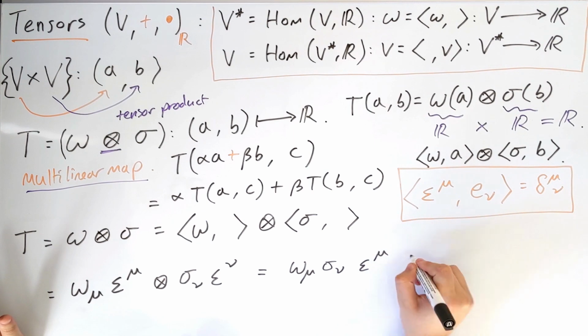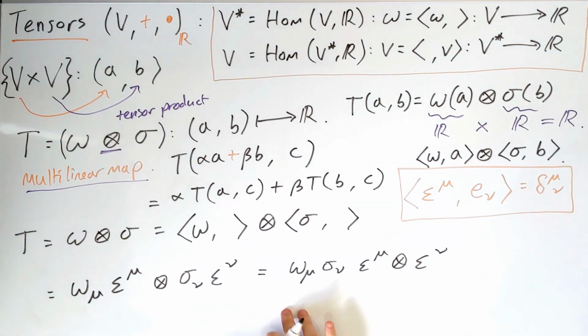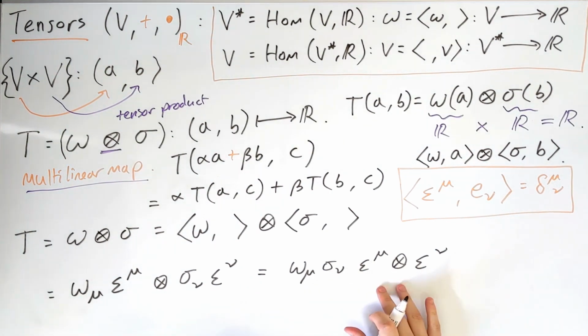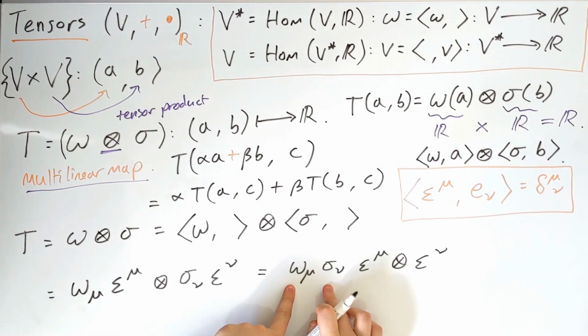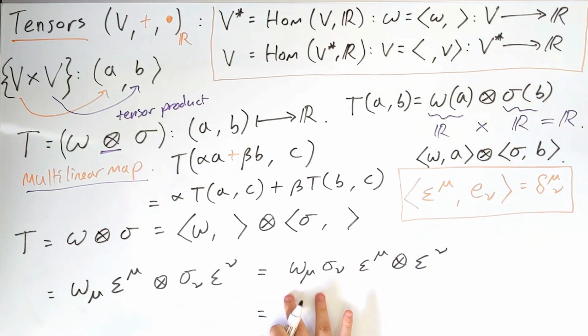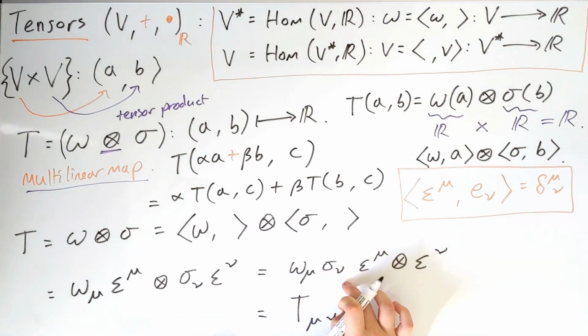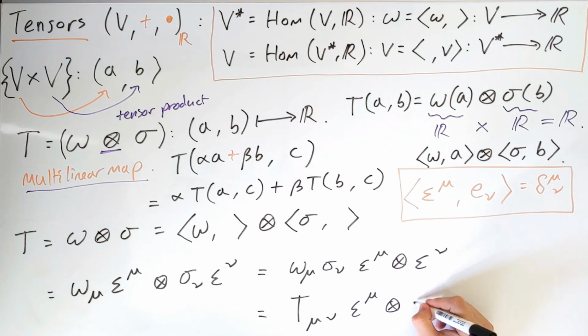Then we have just the basis vectors themselves in a tensor product. So now this is a nice expression because we've separated out effectively the vector part and the components part. So you'll often see this now written as simply T mu nu with two indices, which effectively stands for both of these components. And then we have that the tensor has its basis as follows.